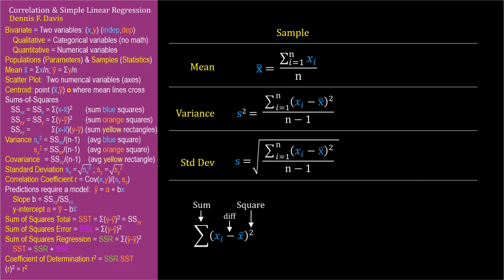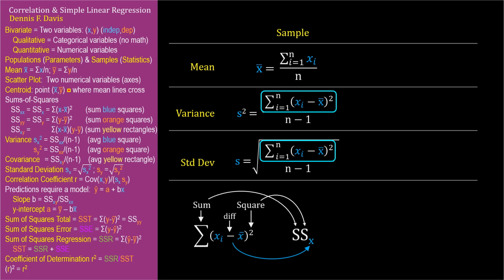We see it here in the calculation of the variance and the standard deviation, of course, since it's just the square root of the variance. And we'll see it several more times later. It happens so often that even the statisticians are in on the joke, and they have a shorthand for it. SS stands for sum of squares. Then we add a subscript to denote the difference variable.